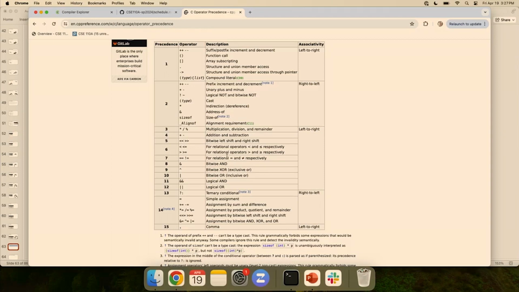Yep. So it says prefix increment and suffix for precedence 1 and 2. So that means if it is like i plus plus, that would be of a higher precedence than plus plus i. Yeah, so prefix is 2, postfix is 1, and you can go and try to write the craziest programs you can think of to explore those things.